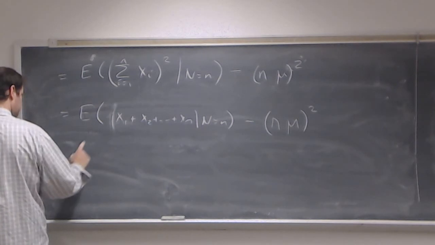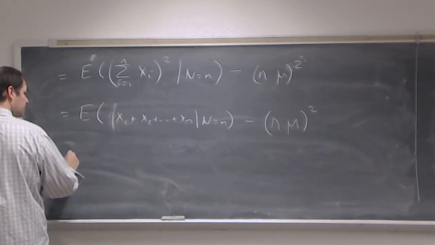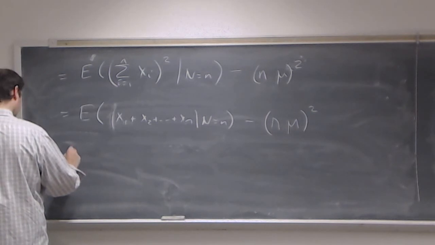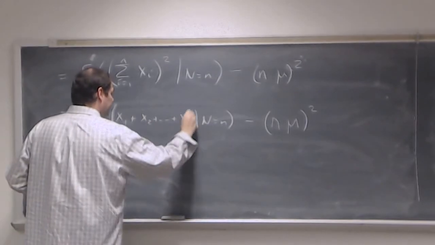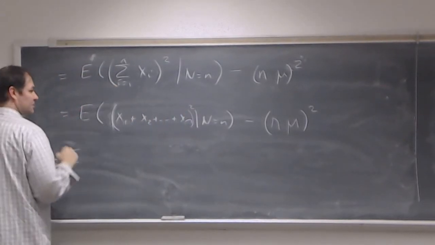That's equal to the expected value. Oops, this is wrong. This should be squared here. I forgot to square it.